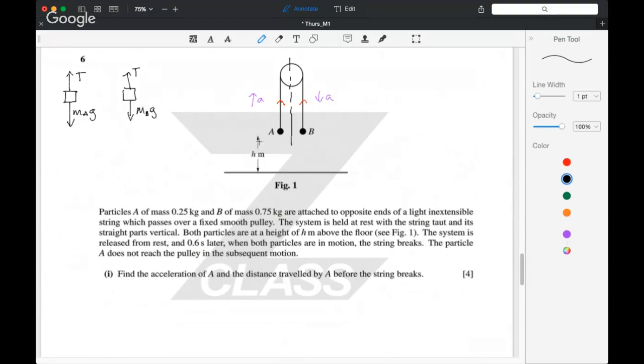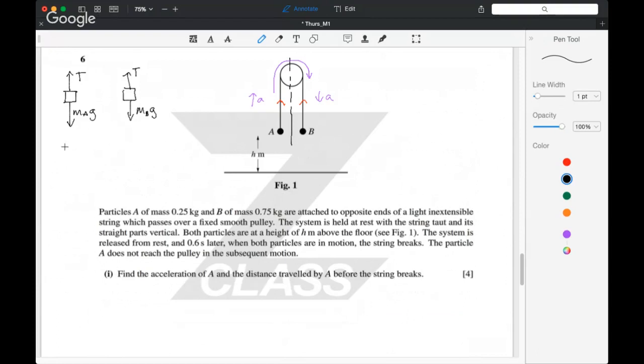At the beginning they're held still, but then they're released and they move. The convention I'm going to use for this question is that positive motion is defined as going up here and across down there. So it's this kind of movement of the string, which is the way it's going to move. So it's useful to me to define that as positive.